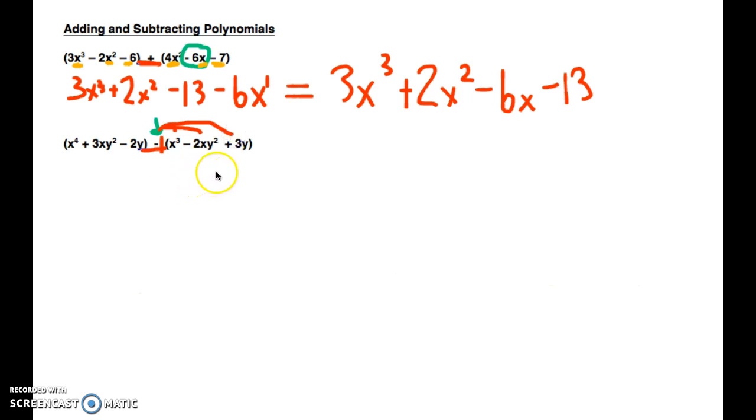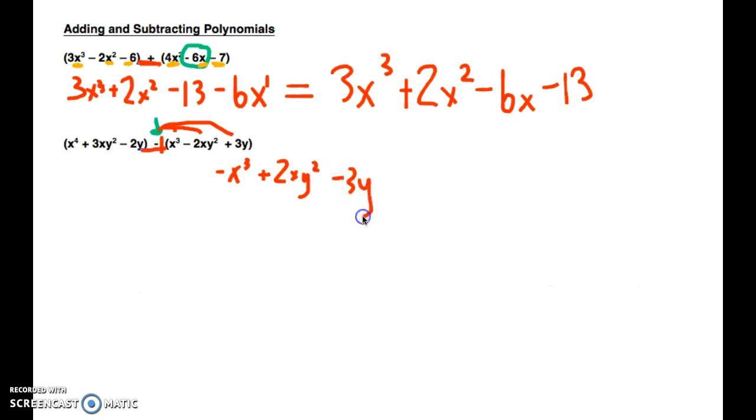So I'm going to rewrite it. I've got a negative x cubed. And a negative times a negative is a positive 2x squared. And then 2xy squared. And then I have this negative 1 times a positive 3y, and I have a negative 3y.